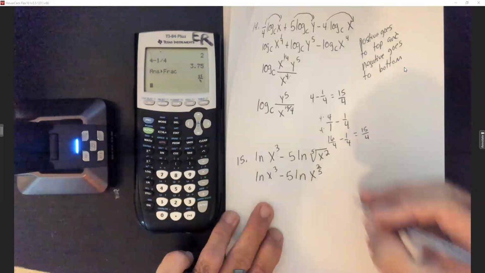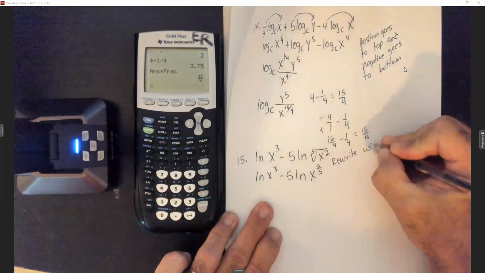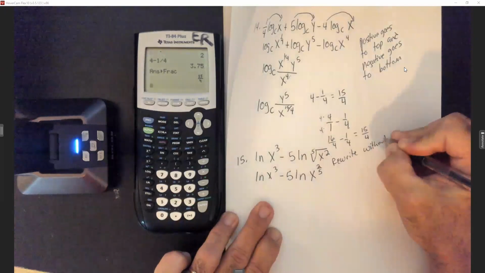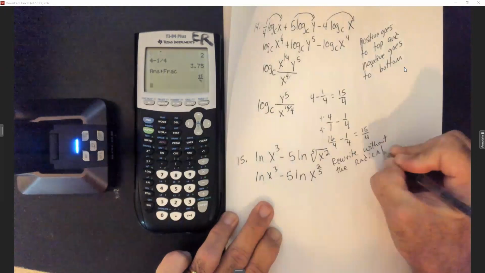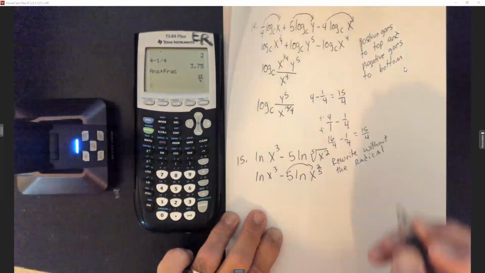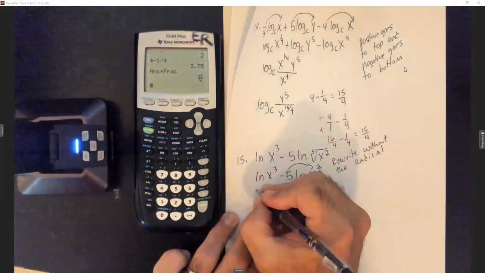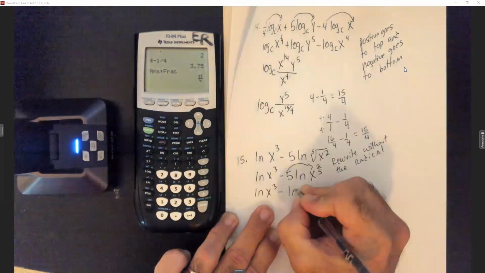So rewrite without the radical. Now I'm going to take this 5 and bring it up. So this is going to stay a ln x to the 3rd minus ln x.